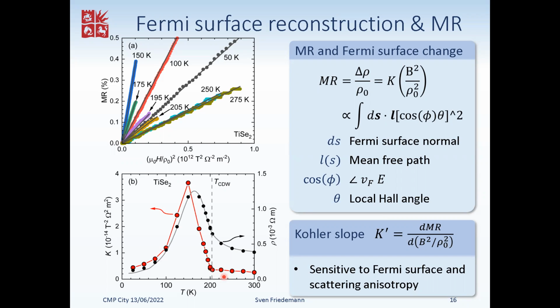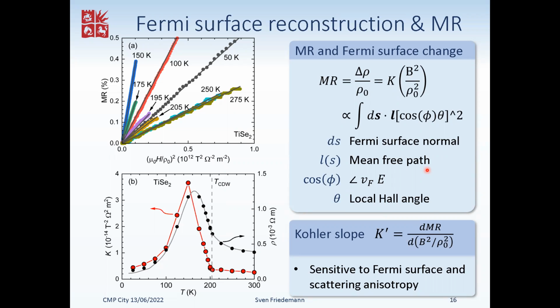And indeed, again, this tells us that this is sensitive to the Fermi surface reconstruction, because the magnetoresistance is an integral of the mean free path around the Fermi surface, where the local Hall angle enters in. The local Hall angle is sensitive to how the Fermi surface looks, how the curvatures look and everything.